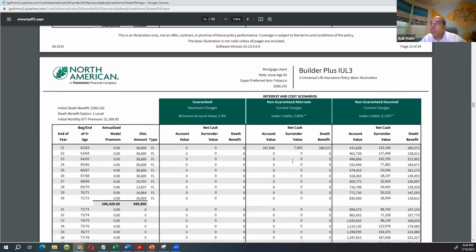If they do that, the policy actually is not sustaining. I will tell you the reason. Okay, so here, till the 26th year they are able to withdraw 38,000, but after that they will only be able to withdraw a little bit less.